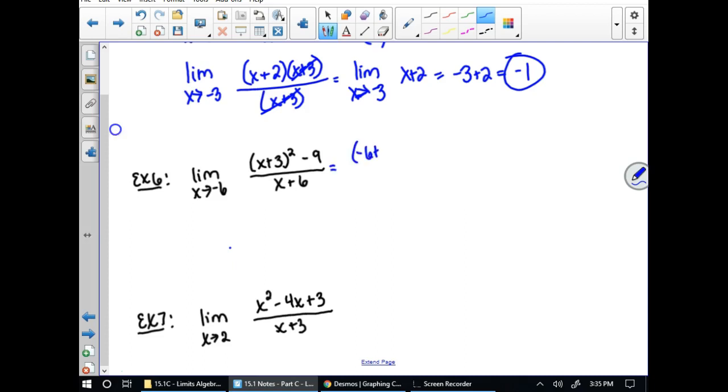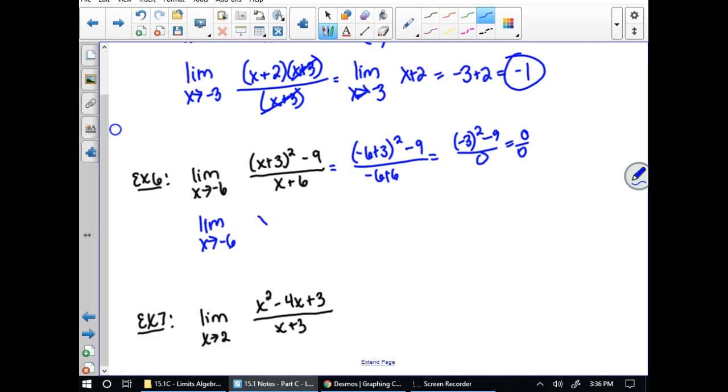So I've got negative 6 plus 3 squared minus 9 over negative 6 plus 6, and that's going to give me negative 3 squared minus 9 over 0, which is 0 over 0. So you get indeterminate form here. So even though it's a pain, we're going to hold on to that limit notation.